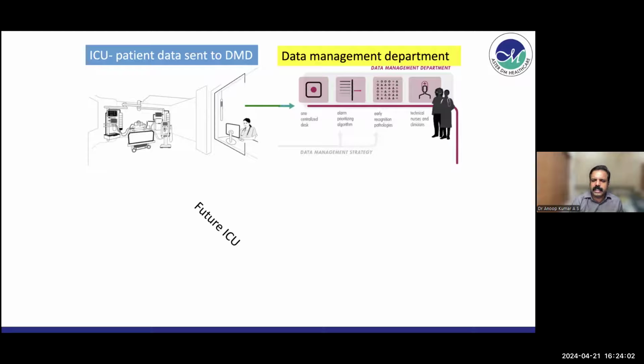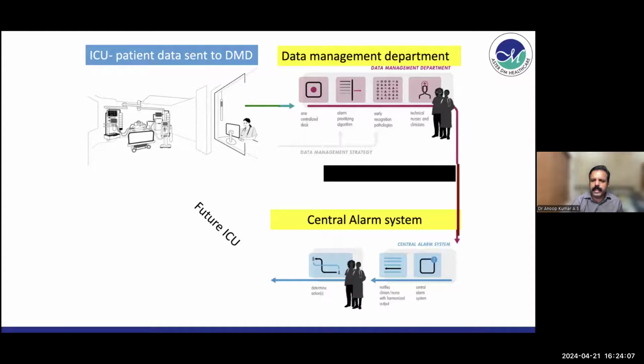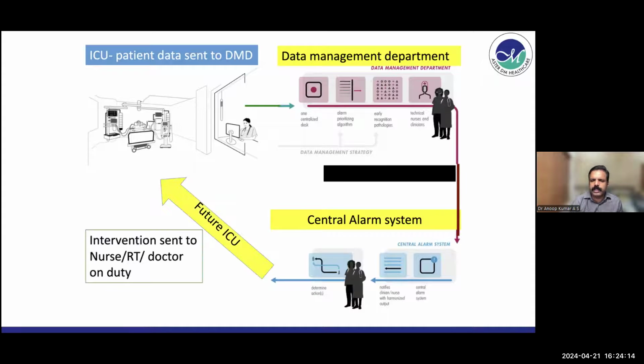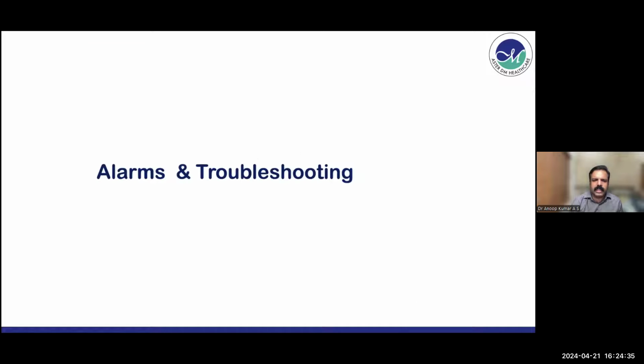At the data management desk, in a control system, they will also be able to identify the central alarms, and they can even alert the bedside system. The interventions are immediately sent to the nurse, respiratory therapist, or doctor on duty. And even when you connect these to your mobile devices, especially for remote monitoring, things are now possible where you can set these alarms, and whenever something goes wrong, you will also get the alarms.